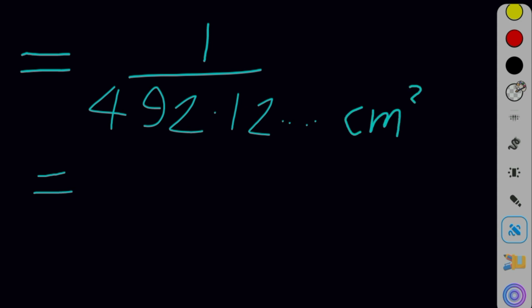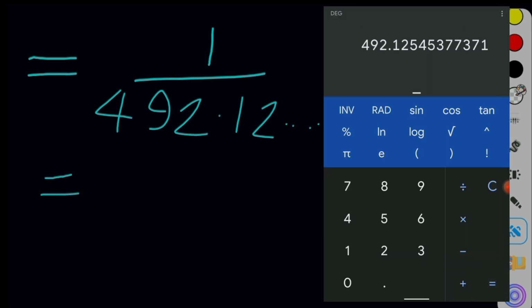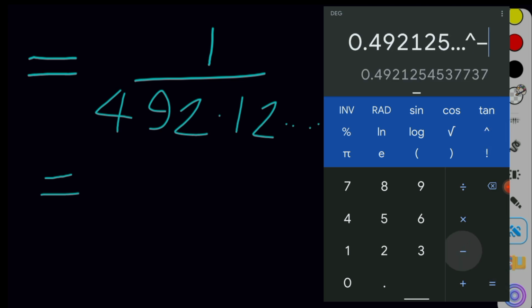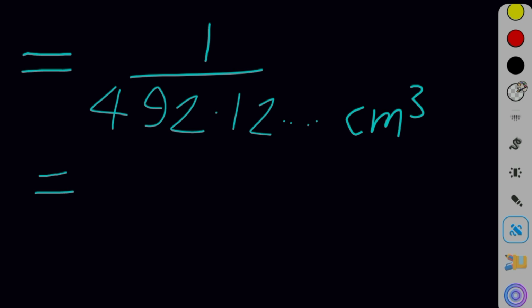We want it to be in liter, so we will go to the calculator for one last time. All we have to do is take this value, divide it by 1000 and take its reciprocal, and that gives us the value to be 2.032.